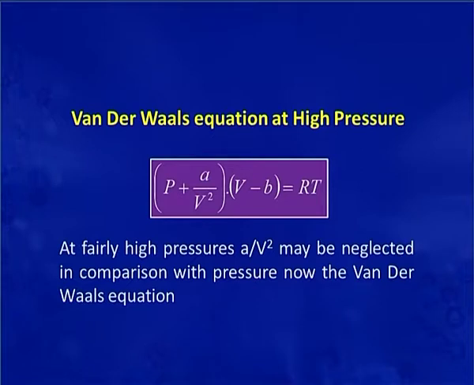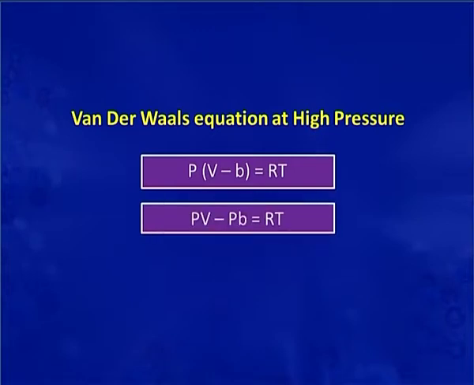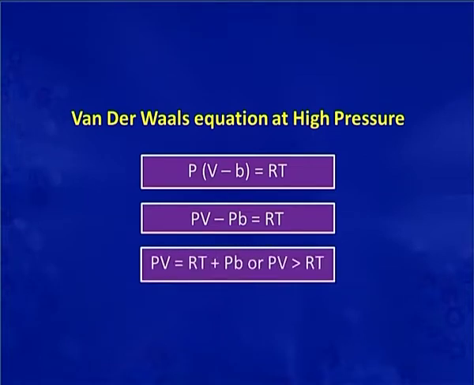So, at high pressure, when we neglect the factor A by V squared, the equation will be P into (V minus B) equals RT, or you can write it as PV minus PB equals RT. So, PV equals RT plus PB, or you can write it as PV is greater than RT here.